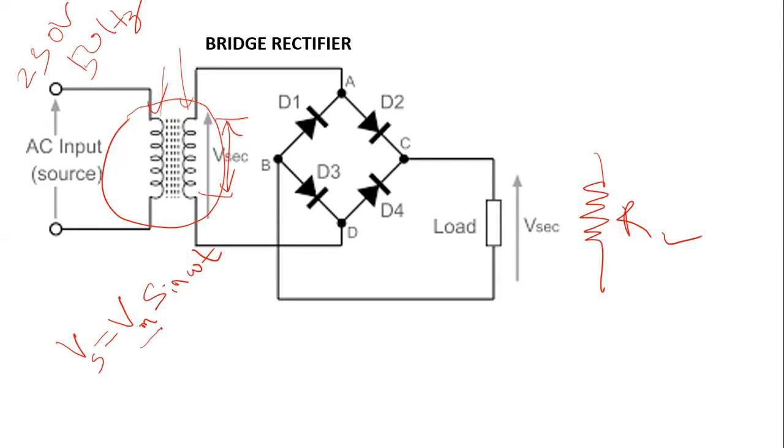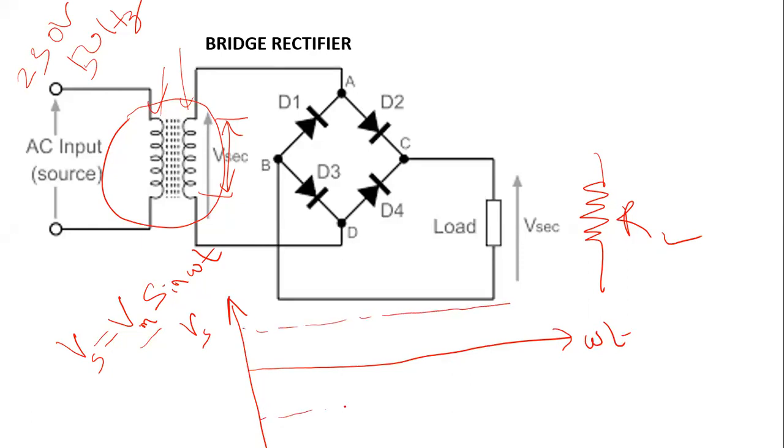Now, during the positive half of the cycle, I think everybody knows by now that this is an alternating current signal Vs, and this is your omega t. Let me put a dotted line like this. This is your positive peak Vm, and this is your negative peak value, Vp or Vm, whatever.